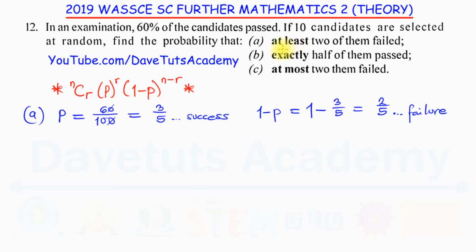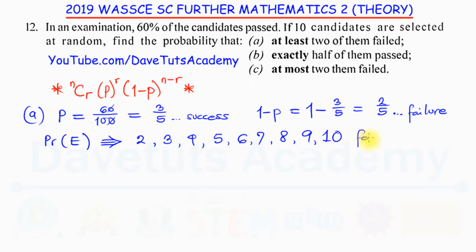So in the first case that we're looking at, at least 2 of them failing means that 2 or 3 or 4 or 5 or 6, 7, 8, 9 or 10 are the people that failed. Out of those 10 candidates being selected at random, at least 2 failing means the minimum number that failed is 2. That's why we have 2 here up to 10.